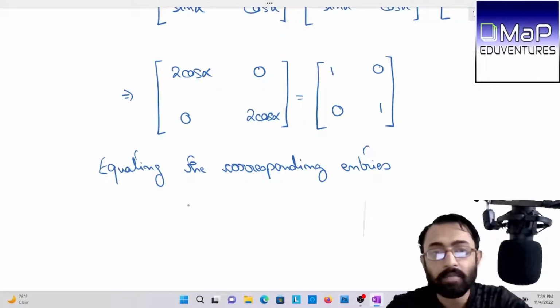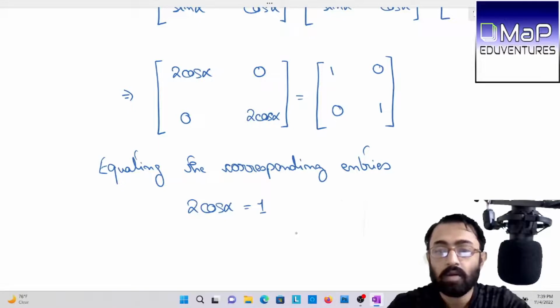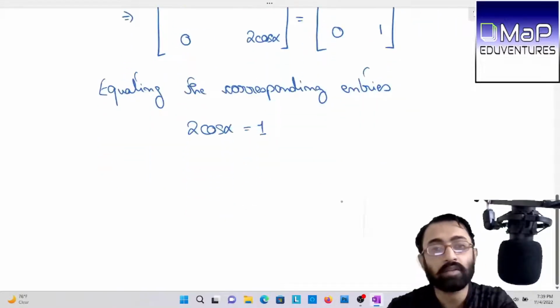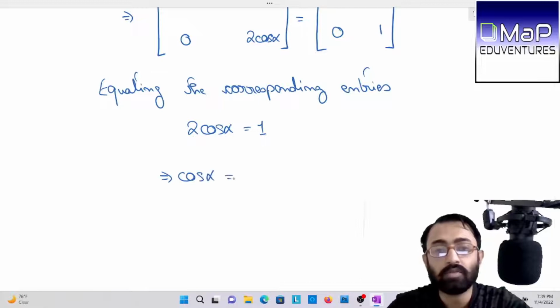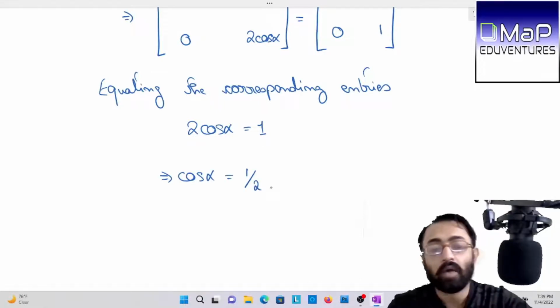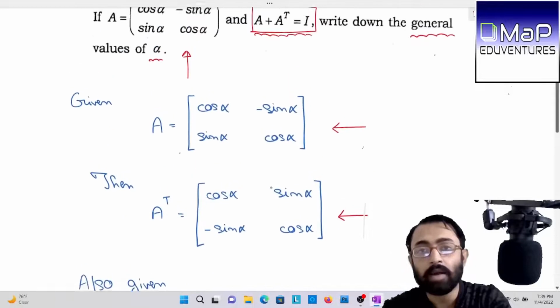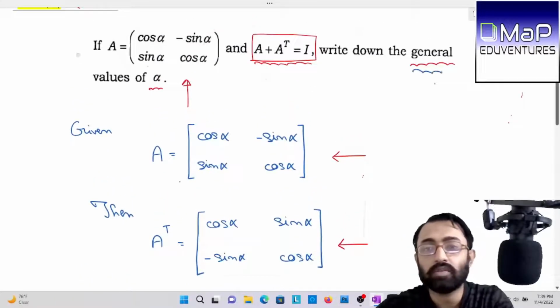So equating the corresponding entries, what do we get? We will have 2 times cos alpha equals 1. Okay, so if 2 times cos alpha is 1, then obviously we can say cos alpha is equal to half.